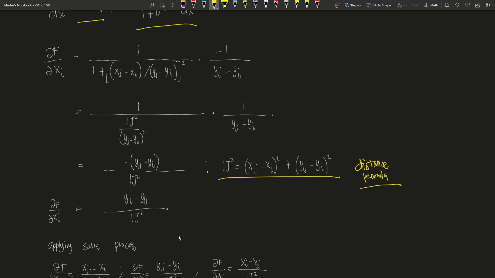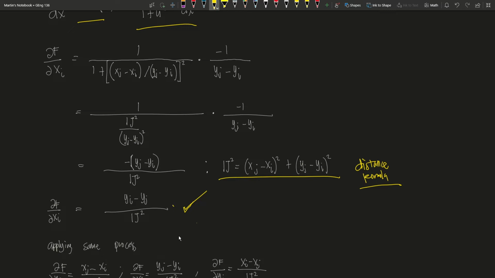Then we already arrived with this equation. So this is for the partial derivative of your function with respect to x sub I, okay? But remember, this is just an example. So when you work with your problem, you need to at least try to derive, okay?